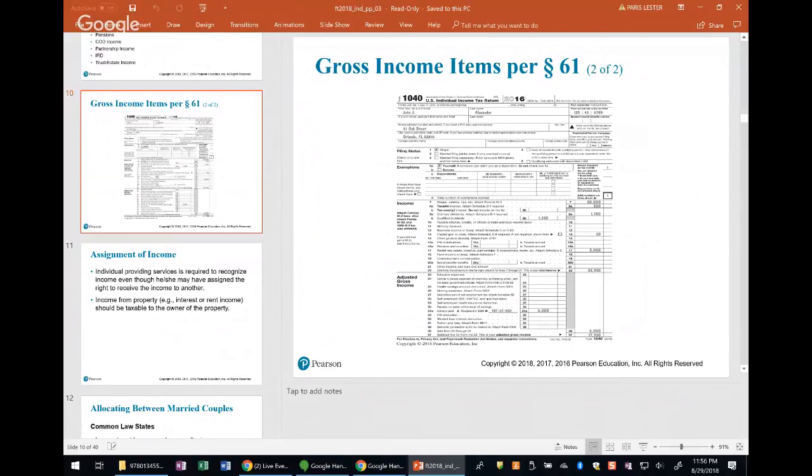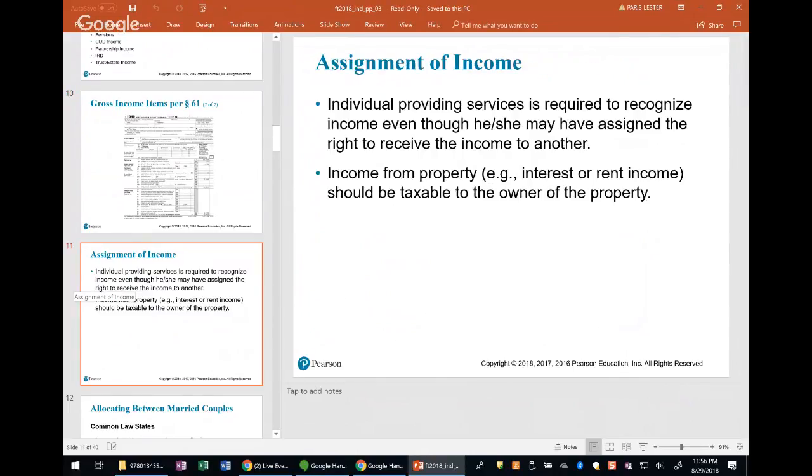Now, if you were to find a $5 bill, you're supposed to put it down here under other income. Okay? Don't know how many of you would, but you're supposed to. All right? Now, as I said the other day, if Jonathan gave his paycheck to a friend, Jonathan's the one that's taxed on it. And we know income from interest and dividends and royalties are taxable.